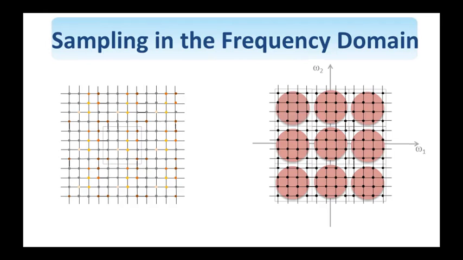So we see that the discrete periodic signal has a discrete periodic representation in the frequency domain, and this is indeed the Fourier series representation. The discrete spectrum is often referred to as a line spectrum.